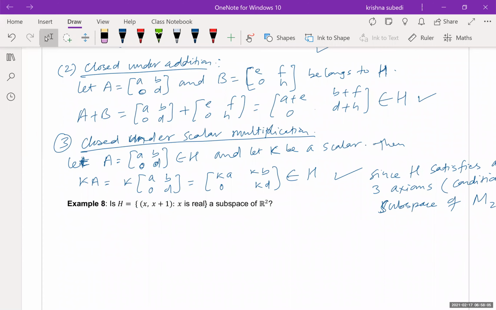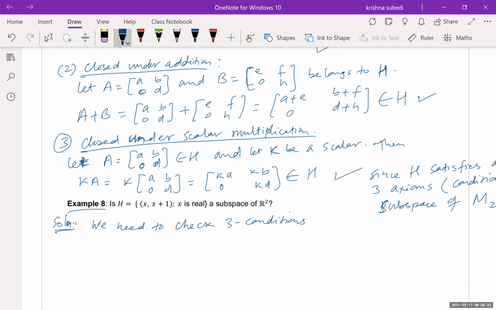Now let's look at example 8. I think you can do this by yourself, but again, let's try it just for fun. So we need to check 3 conditions.